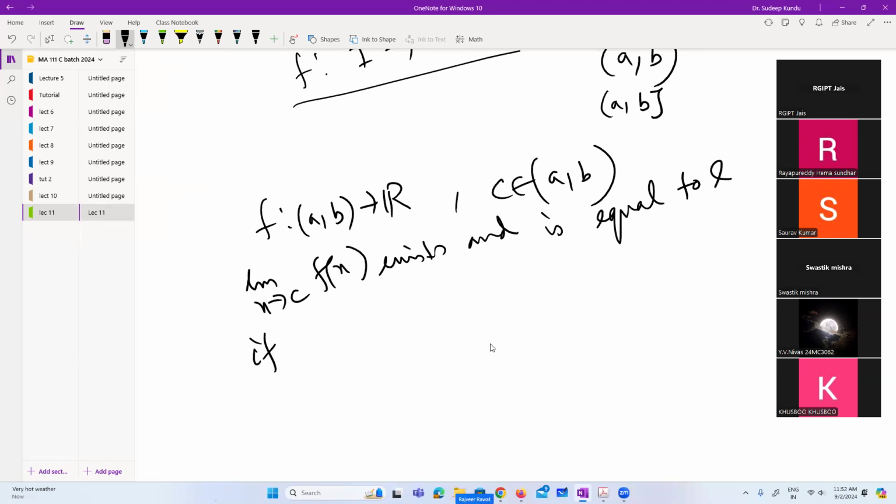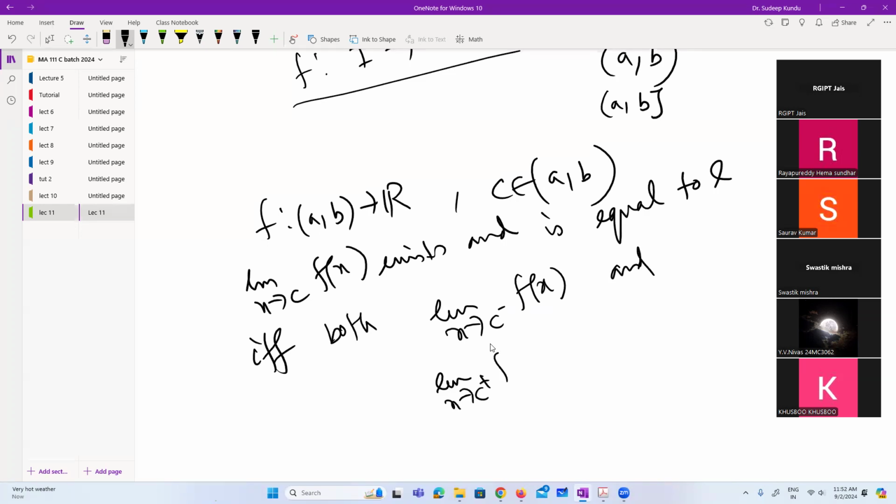if and only if, what should we write in terms of right-hand limit and left-hand limit? If and only if both the limit as x tends to C minus of f of x and the limit as x tends to C plus of f of x exist and are equal to L. Is it clear?